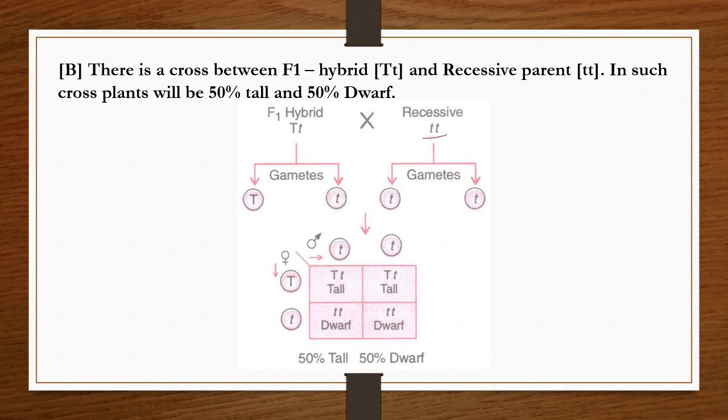The result is that 50% of plants are tall plants, and the remaining 50%, that means two plants, are dwarf plants. That is what happens when the F1 hybrid crosses with the recessive parent.